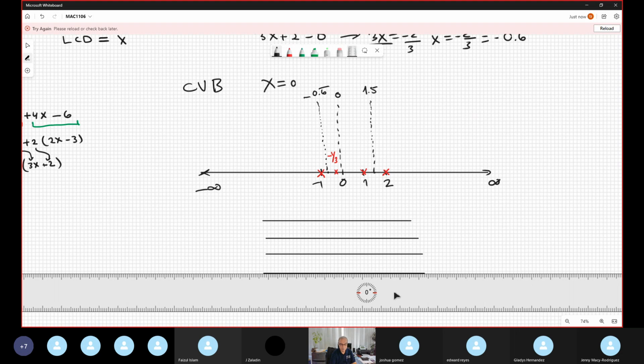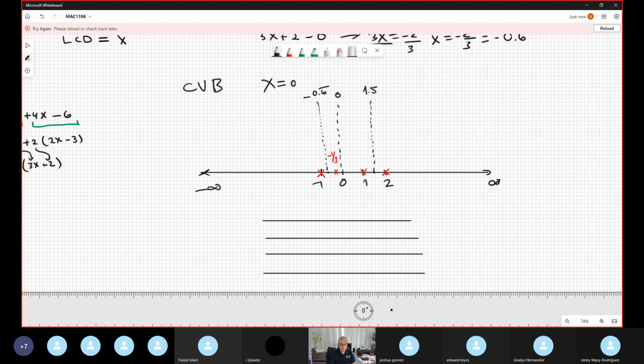TP. A vertical line is easy for me to do. We have -1, -1/3, 1 and 2. One more. What's going on?